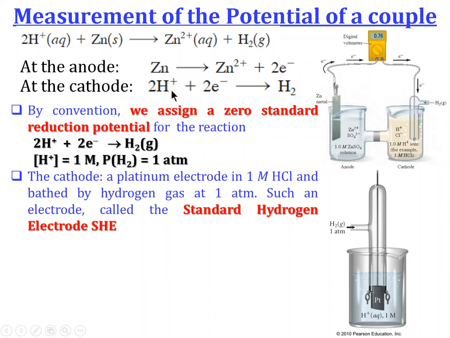But at the cathode, we have H+, which is an ion, and H2, which is a gas, so we need to use a platinum inert electrode. At the cathode, a platinum electrode in 1 molar HCl and bathed by hydrogen gas at 1 atmosphere, such an electrode is called the standard hydrogen electrode, SHE, and has a value E0 of the couple equal to 0.